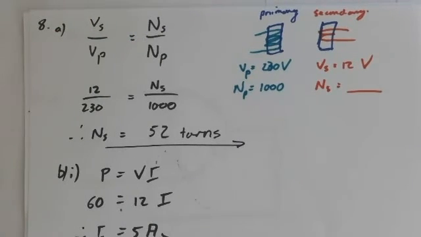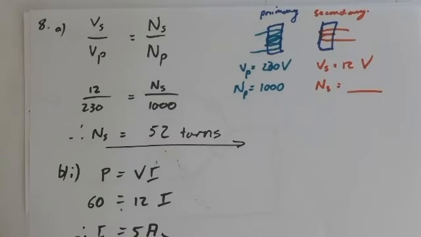The textbook shows how they get to this ratio, and they just call it the transformer rule.